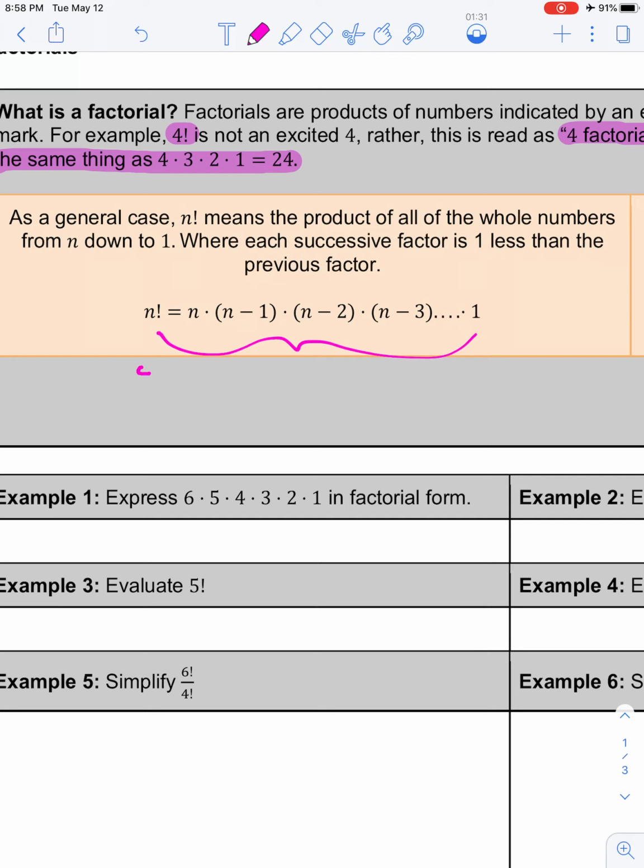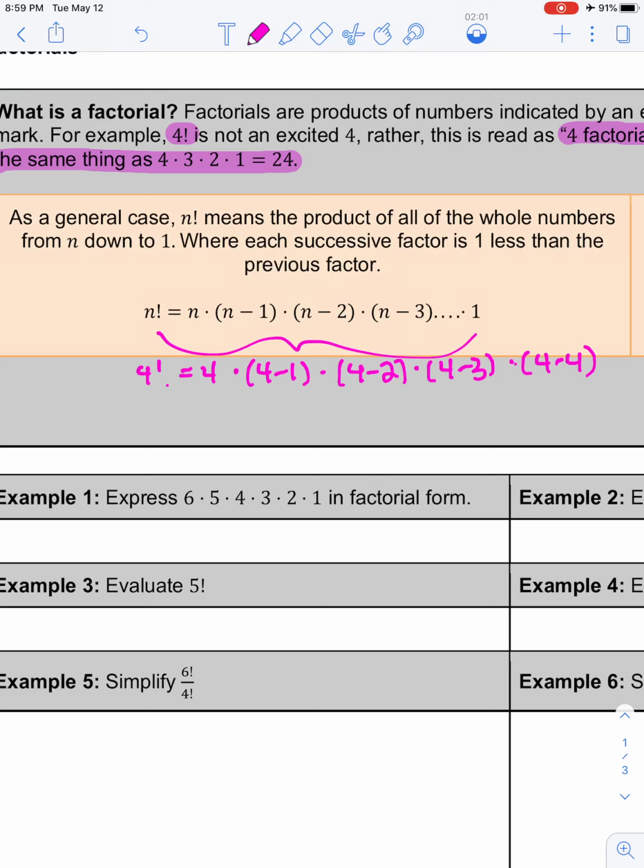If I write 4 factorial, I'm really looking at 4 times 4 minus 1 times 4 minus 2 times 4 minus 3. And there I'm actually going to stop, because notice if I do 4 minus 4, that will give me 0, and that would cause this whole product to be 0.